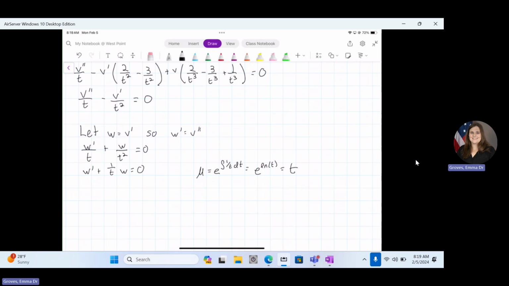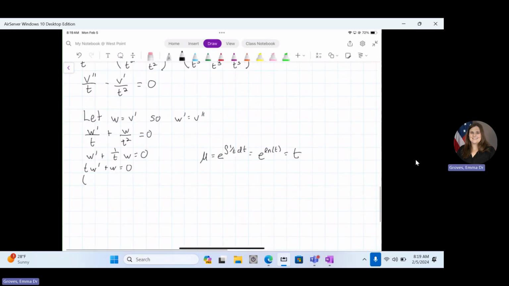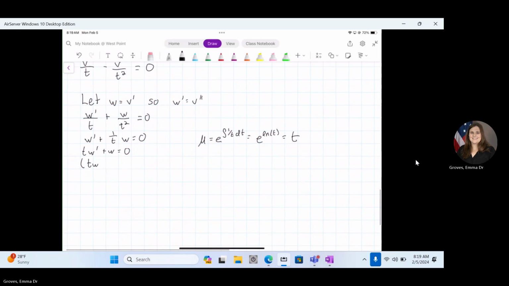So if I multiply through by my integrating factor, I've got t W prime plus W equals 0. Undo the product rule. TW prime equals 0. So TW equals the antiderivative of 0, which is a constant. And so we've got W equals C over T.